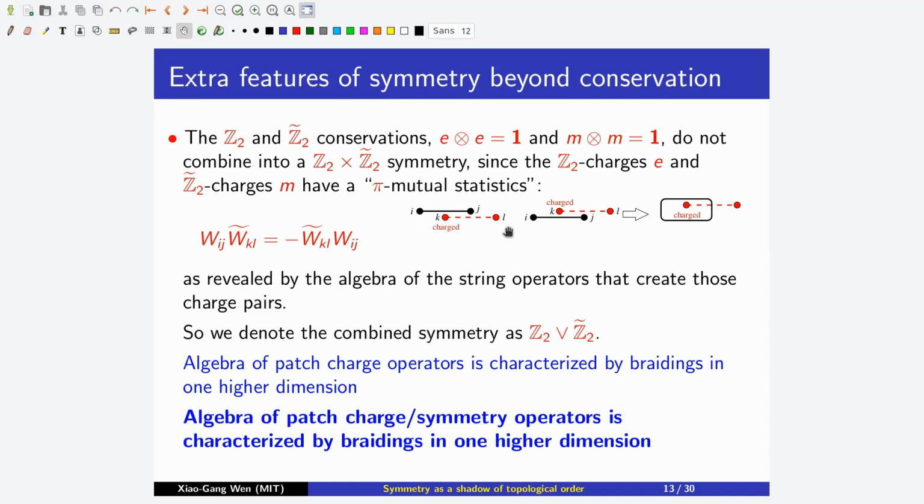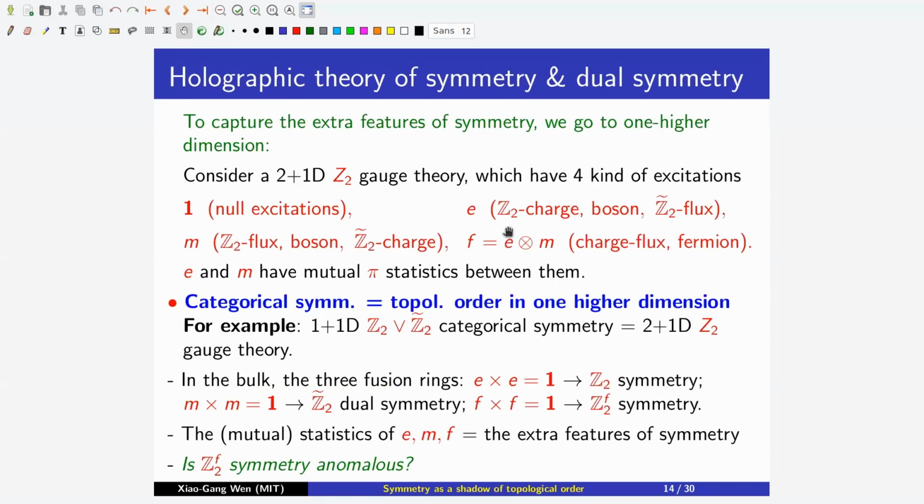Indeed, all these pictures have this holographic point of view. It is much easier to understand and capture this feature by going to one higher dimension. From the operator algebra it is a little bit harder, which we'll do later. But if you go to one higher dimension, it's pretty simple.